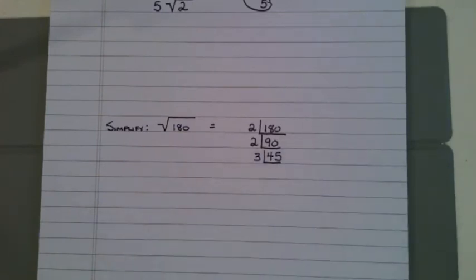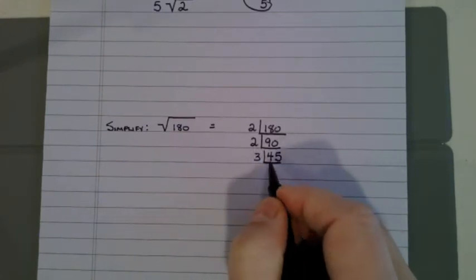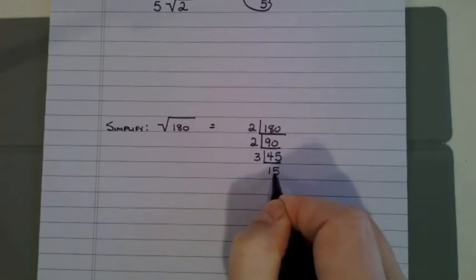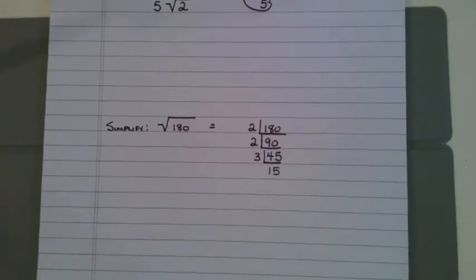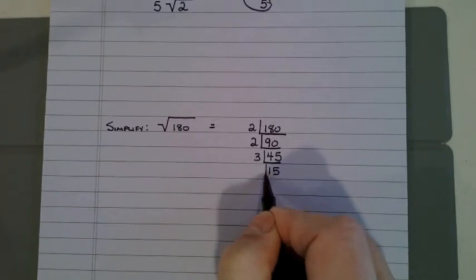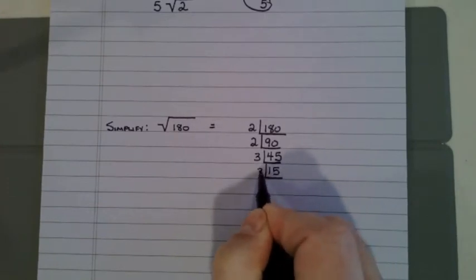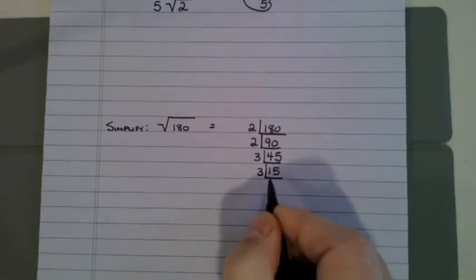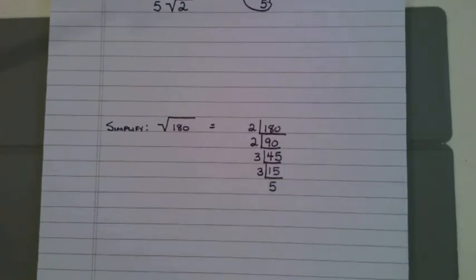Always use the smallest one. 45 divided by 3 is 15. I keep using 3 until I can't use 3 anymore. 15 divided by 3 is 5, and I know to stop when I get a prime number.